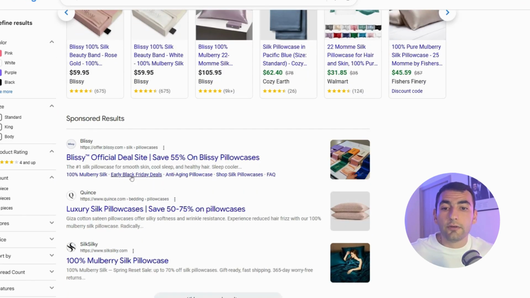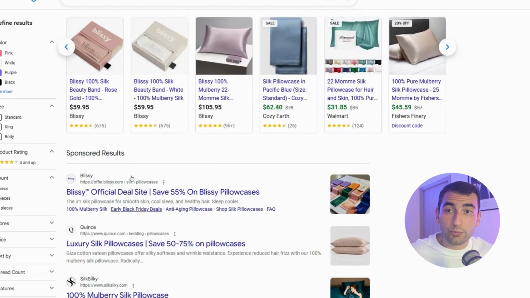Useful, but when starting, you want to show your ads to people who are ready to buy. You need to test your product. You need to take advantage of the demand that already exists. So our first attempt should be running ads in shopping.